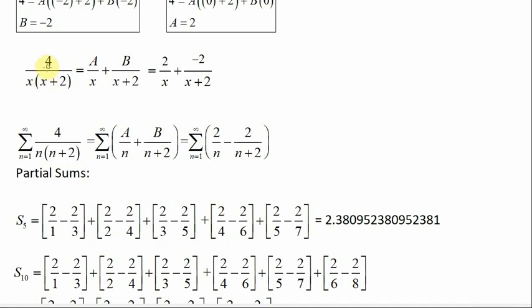And so the expression 4 over x times x plus 2 can be rewritten as 2 over x plus negative 2 over x plus 2, since a is 2 and b is negative 2.